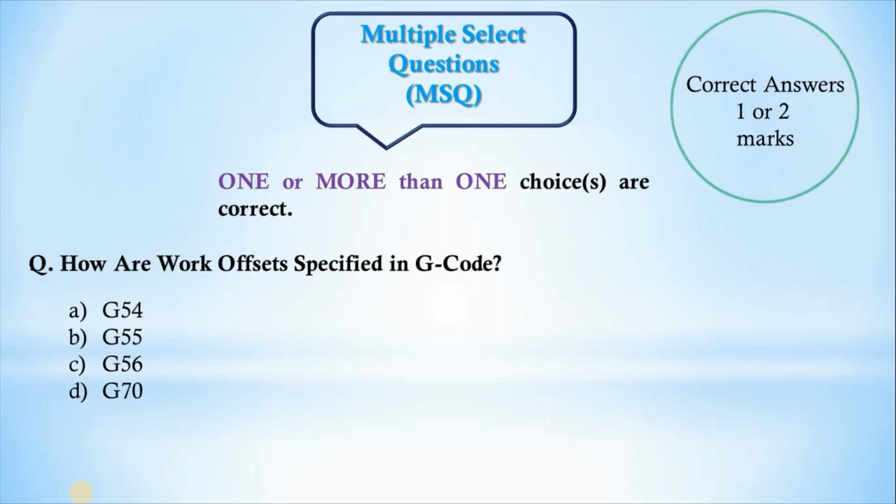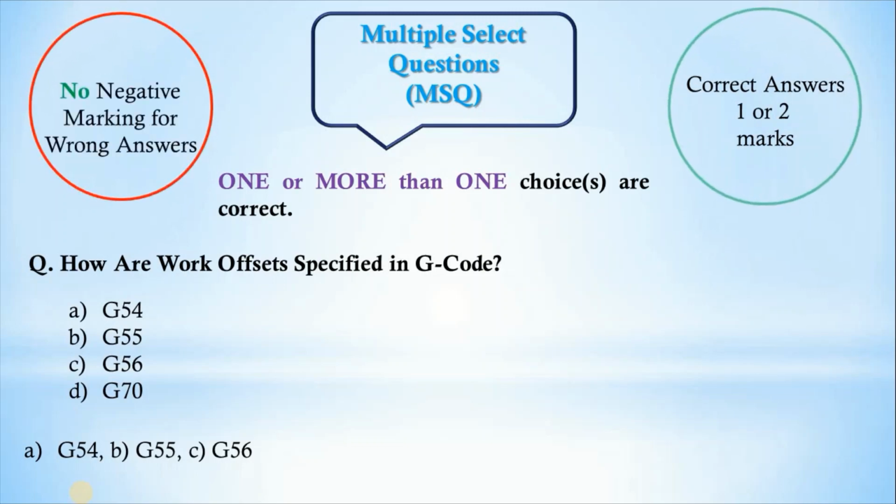If you look at the options, all 3 options, that is G54, G55 and G56, are used for the work offset. So here option A, option B and option C are all correct. So we have to select all these 3: A G54, B G55, C G56.